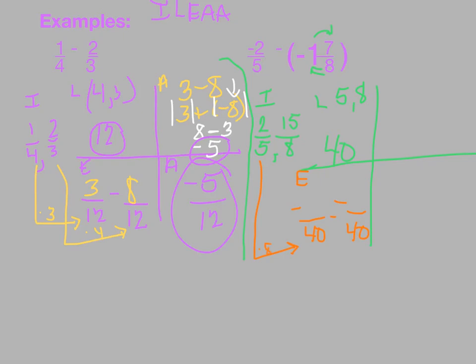The numerator times 8. 2 times 8 is 16. I bring this right down. 8 times what is 40? 8 times 5 is 40. And then I've got 15 times 5, which of course is 75.